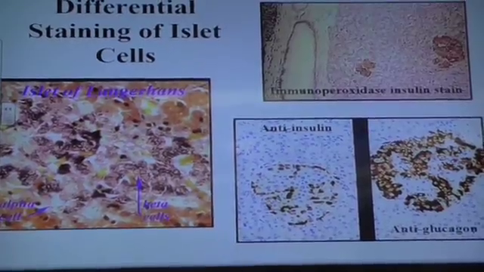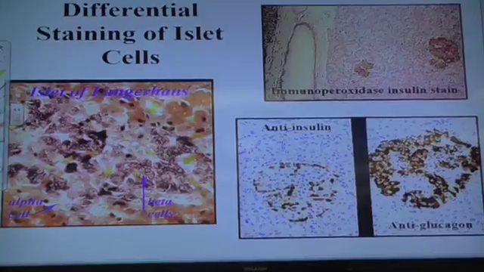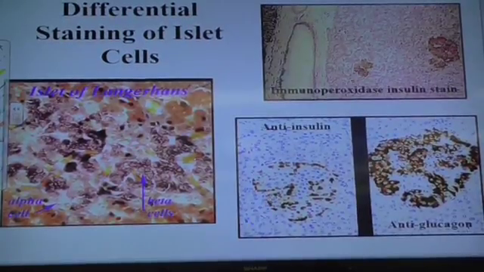You've got some immunoperoxidase up there for insulin at the top, and also your anti-glucagon, so you can see some of the different distributions as far as the cells are concerned. And again, we don't use it routinely, but we would use it if we're trying to fully evaluate the pancreatic function as far as the islet cells are concerned and what type of metaplastic processes we may have.